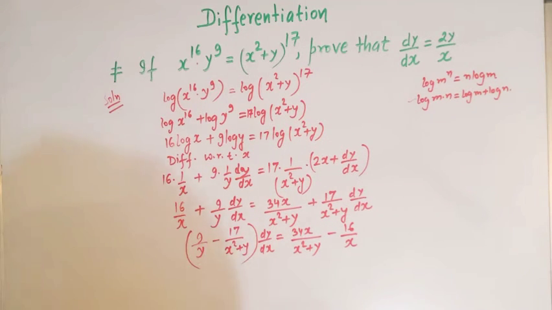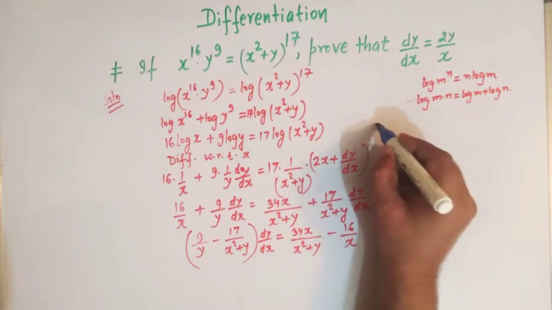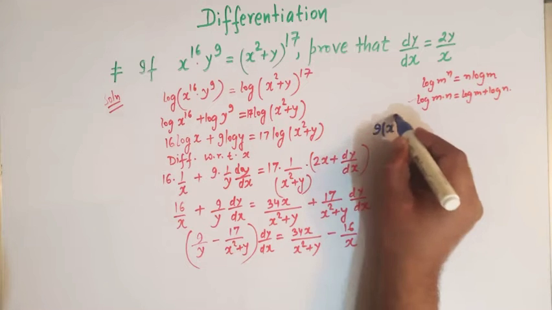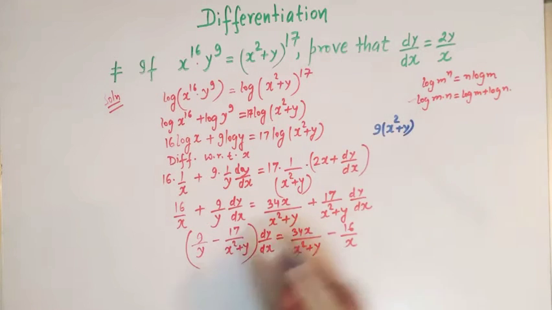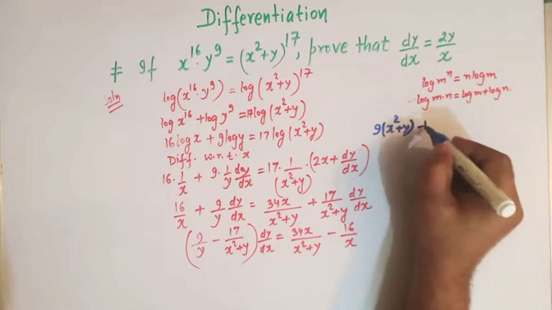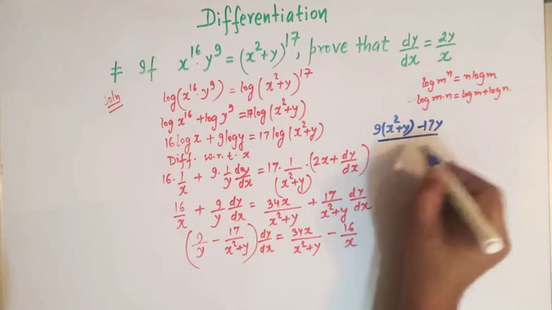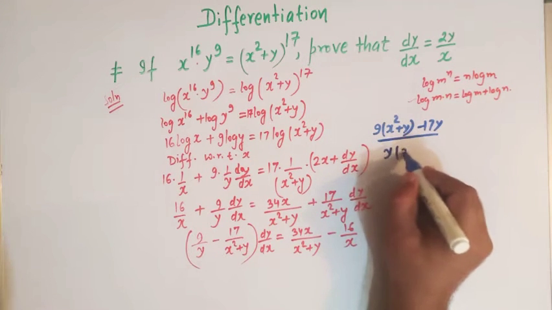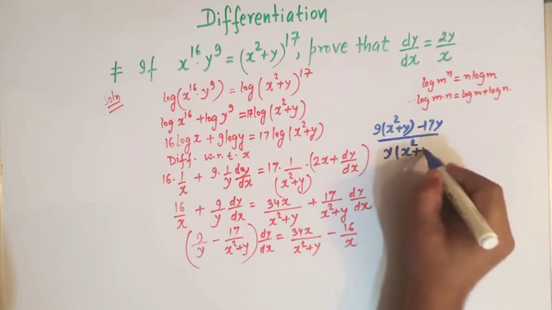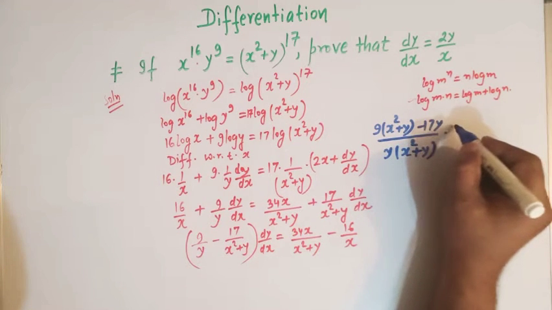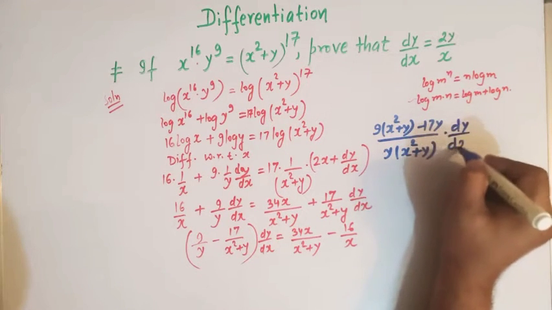Okay, now we have to simplify this expression. So here if we take the LCM, then we have 9 times (x square plus y) minus 17y divided by y times (x square plus y), times dy over dx.